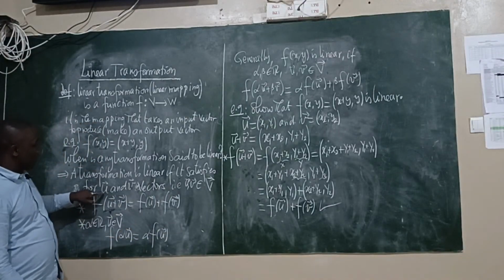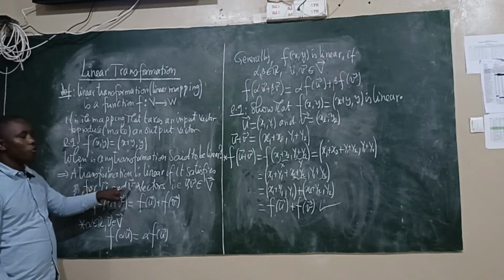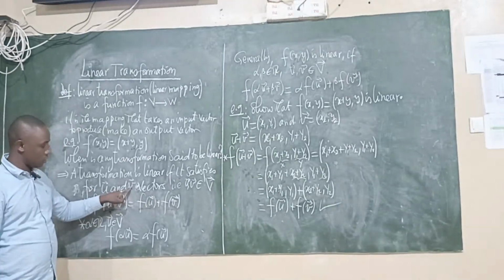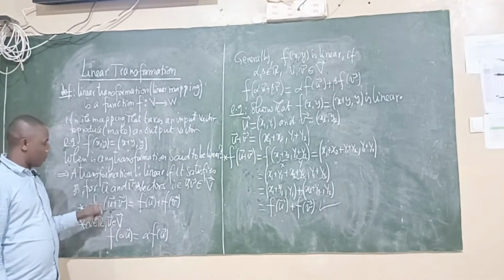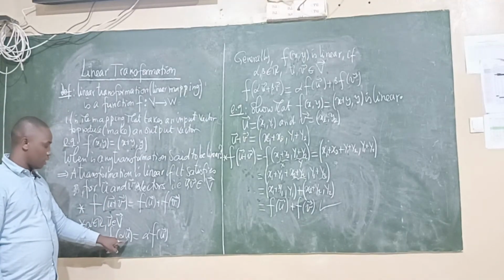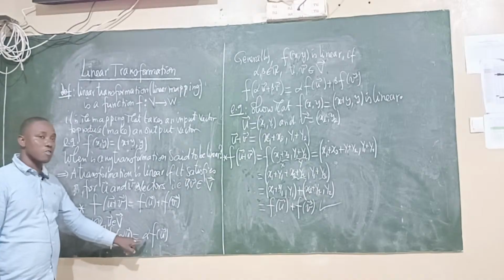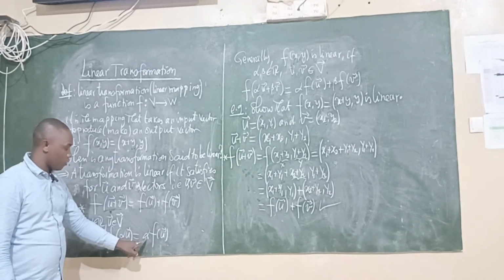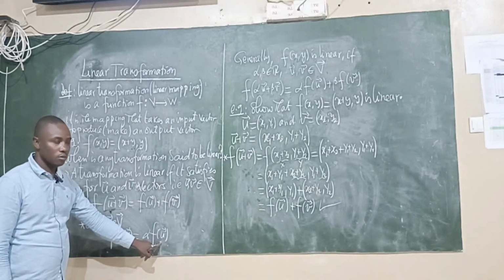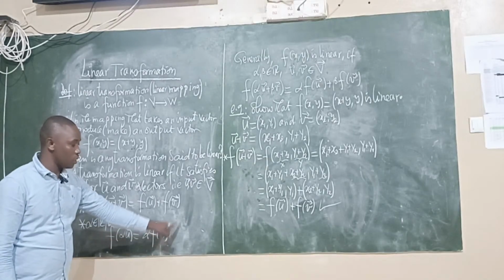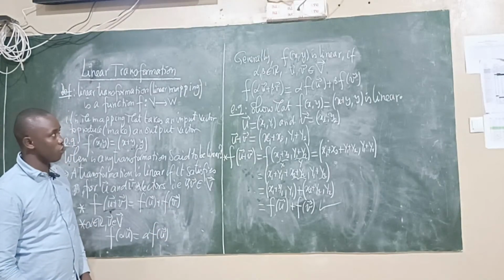When having this vector u or v, any one of your choice, and taking the product alpha times u into f, what gives you alpha times f of u, property 2 is also verified.